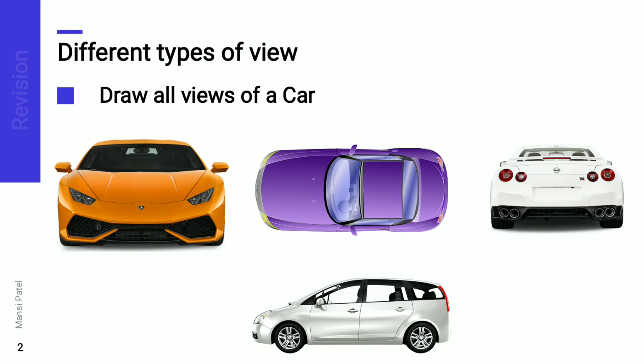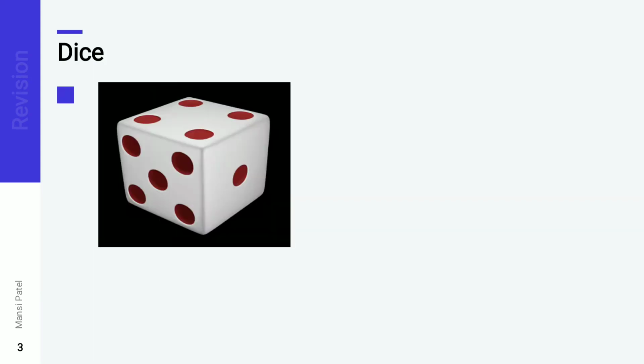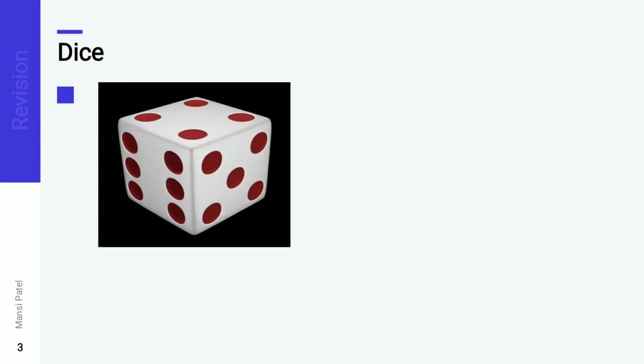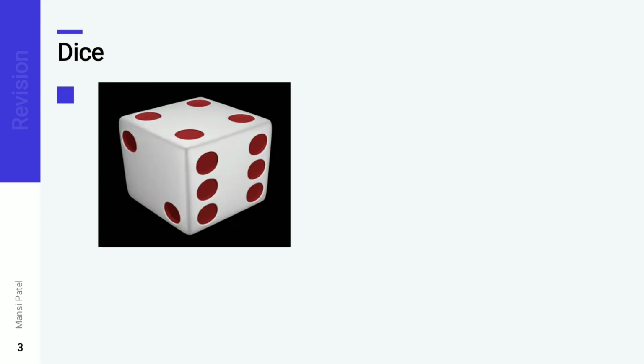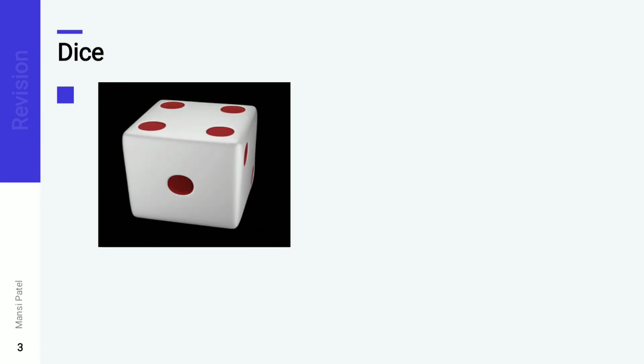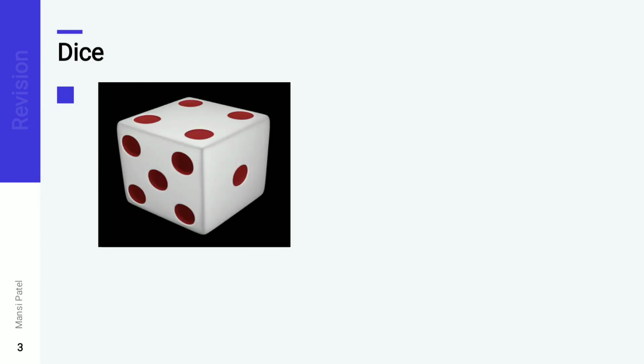Let us see the next one. The next one is about the dice. Here you can see this is one image of the dice. Now, do you remember one magic in the dice? What is the magic?